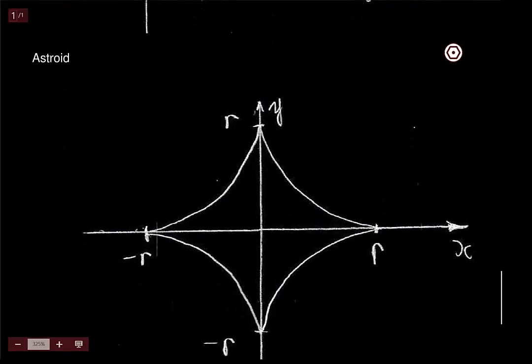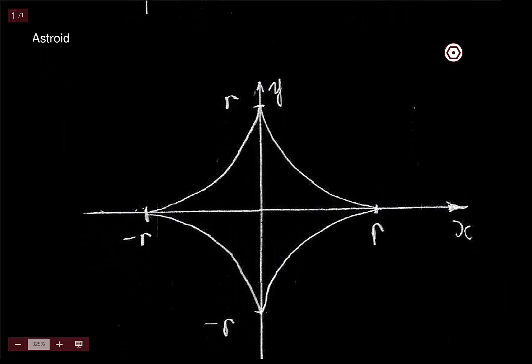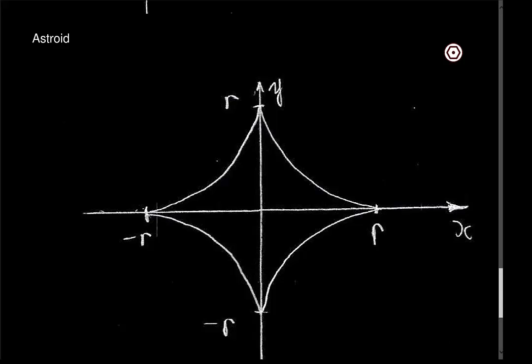Another interesting curve is that of an asteroid. This kind of looks like a saggy diamond. We'll study this and describe it later.